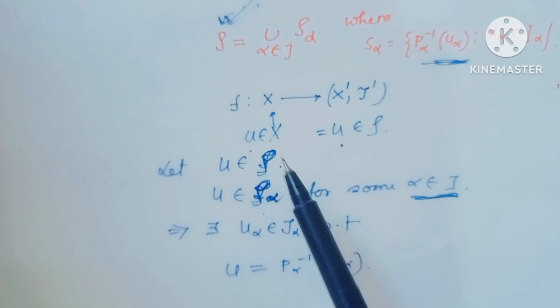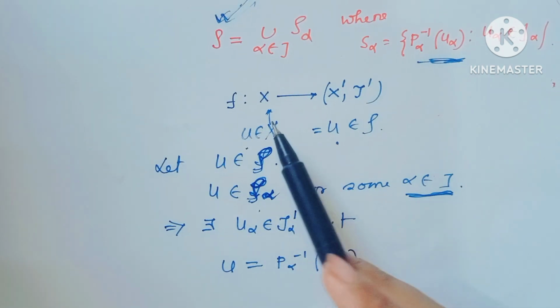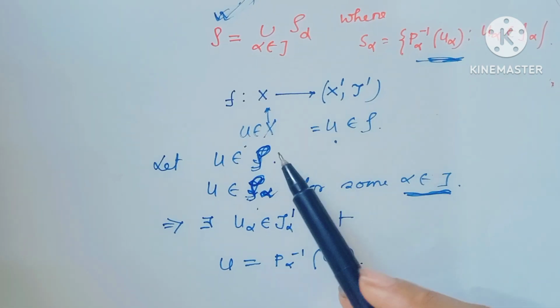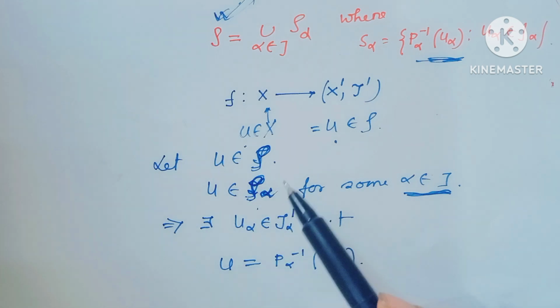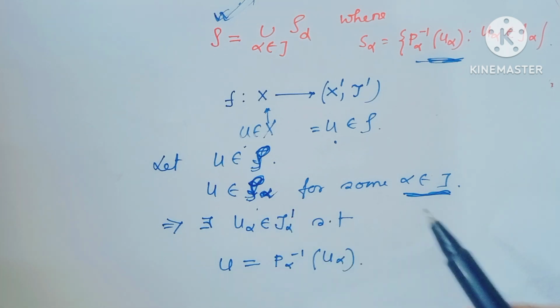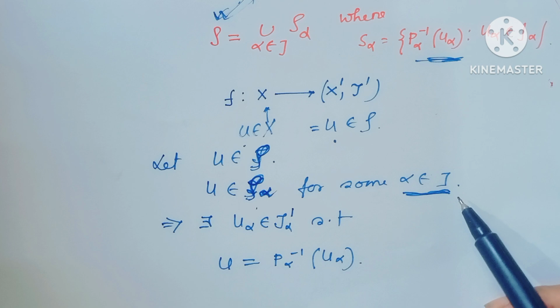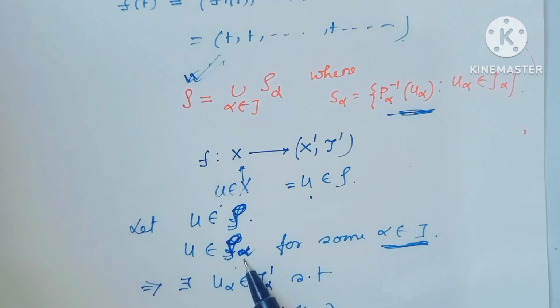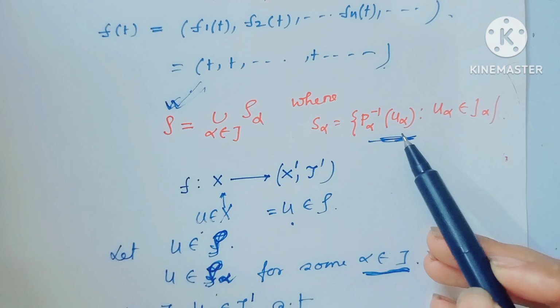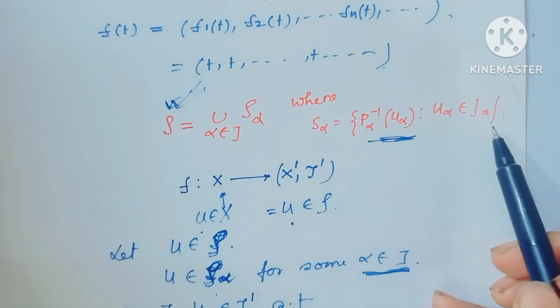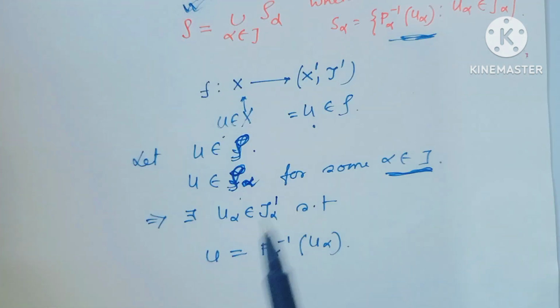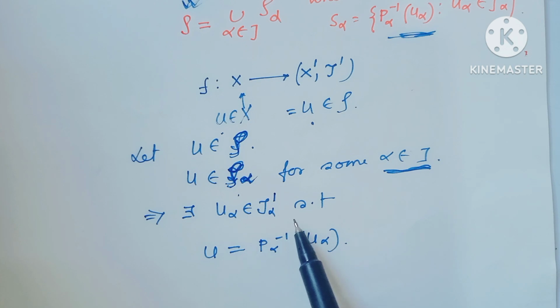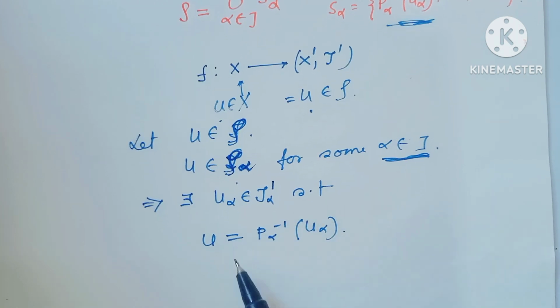Let U belong to the subbasis script S. That means U belongs to one particular S_alpha for some alpha belonging to J. Since S_alpha means P_alpha inverse of U_alpha, where U_alpha belongs to tau_alpha, there exists U_alpha belonging to tau_alpha such that U equals P_alpha inverse of U_alpha.